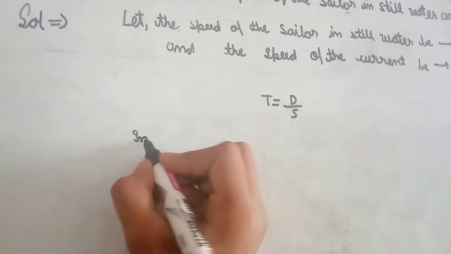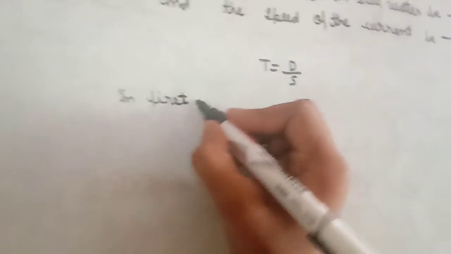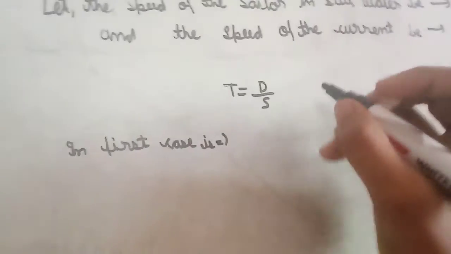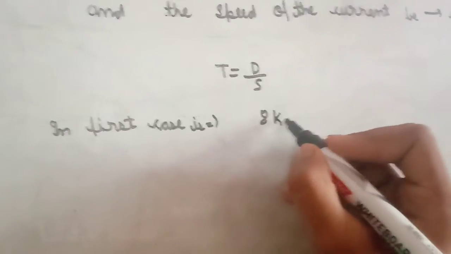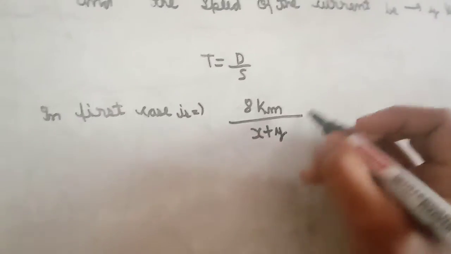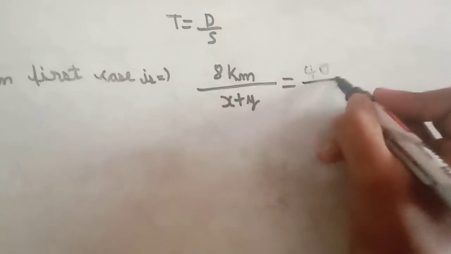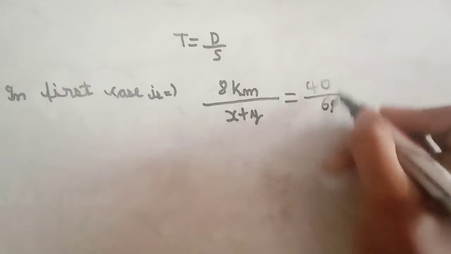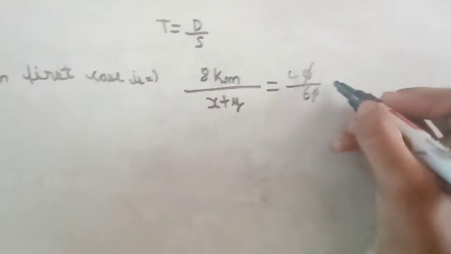In the first case, it goes 8 kilometer downstream, so we will do the plus, in 40 minutes. 40 minutes is 40 upon 60, we will convert it into the hour, so it is 4 by 6 hours.